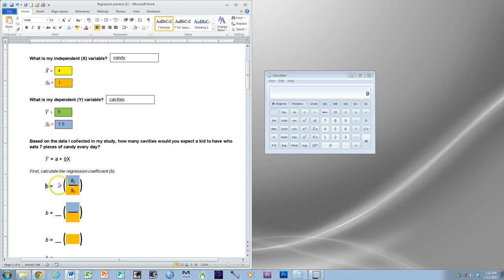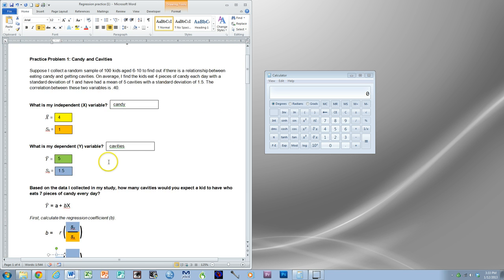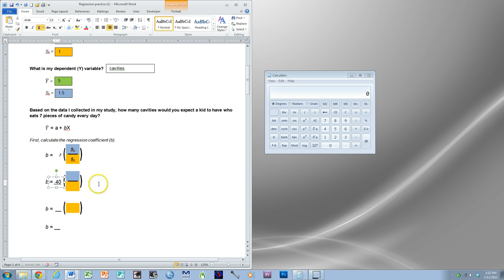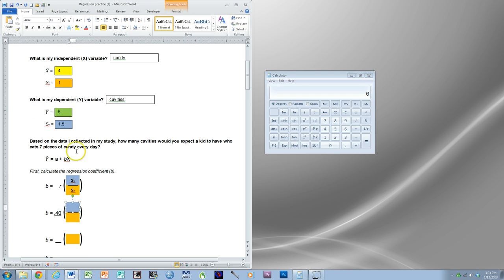Basically, r is a standardized unit of the relationship, and we're essentially unstandardizing it and putting it back in the original units. So r is 0.40, the standard deviation of y is 1.5, and the standard deviation of x is 1.